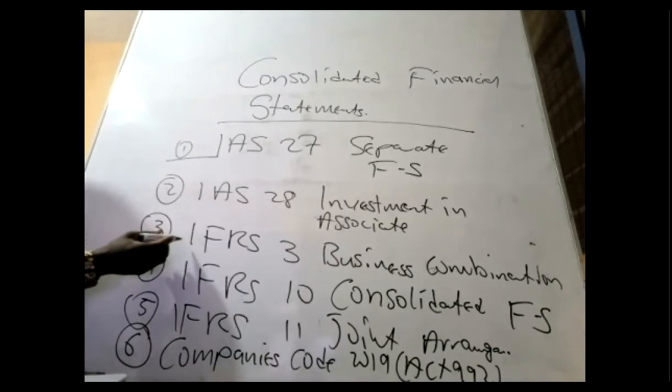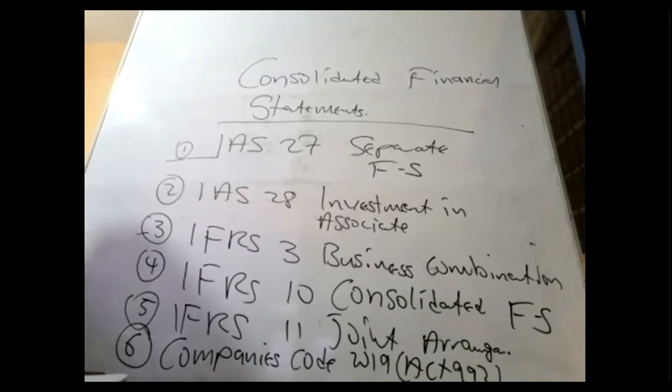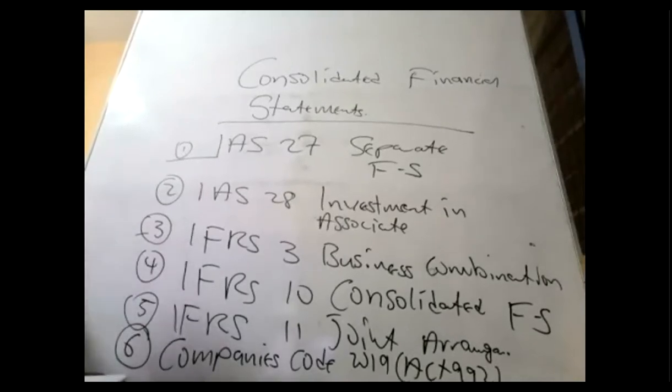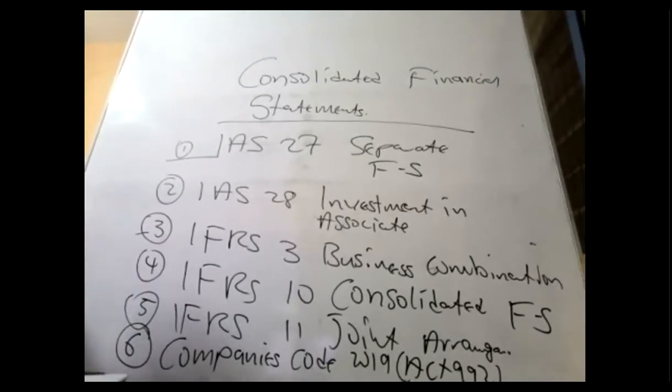Then IFRS 3 says that anytime you combine your business, don't forget business combination, acquisitions and mergers. IFRS 10 is consolidation, combining financial statements together. IFRS 11, joint arrangements, like joint ventures, joint operations, and many more.